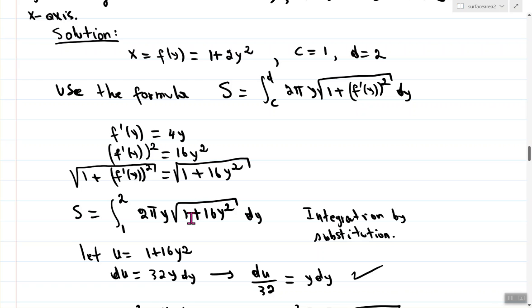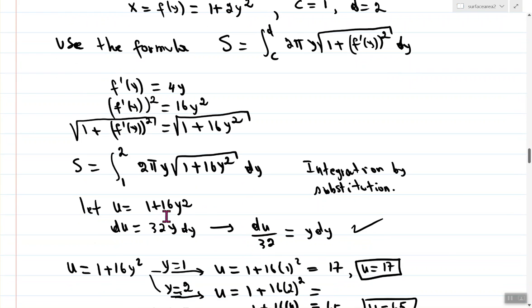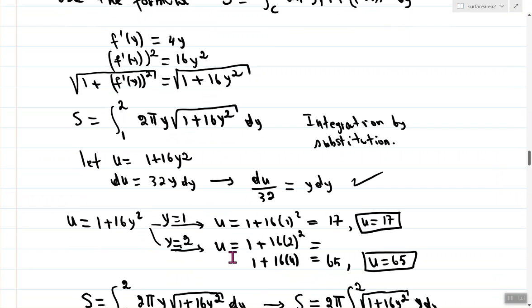But this again is a u substitution problem because you have y here. So we let u be 1 plus 16y squared. When you differentiate y squared, it gives you y dy, so du is going to be 32y dy. Then we solve for y dy by dividing this equation by 32, so you get du over 32 is y dy.